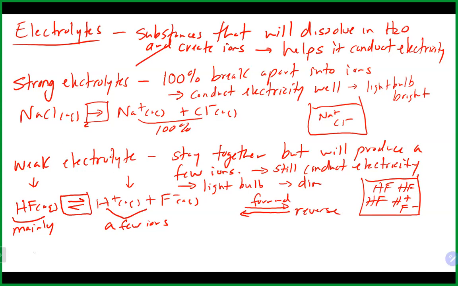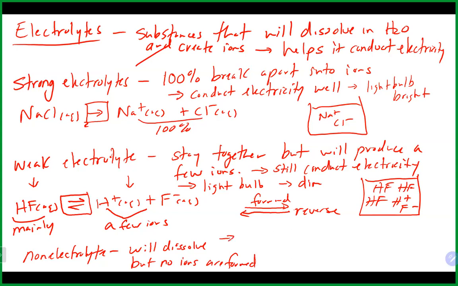The last sort of type would be a non-electrolyte, which will dissolve, but no ions are formed. And because they do not form any ions, they will not conduct electricity.